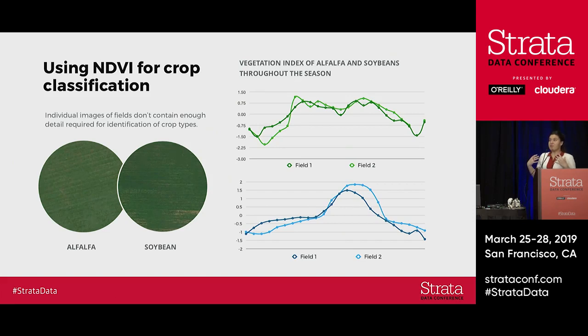By looking at the vegetation pattern, it's possible to tell crop from crop, because grassland like alfalfa usually has a flat plot on the top, and crops like soybean and corn have a visible peak at the top of the vegetation season. By looking at the time series, or part of it, it's possible to classify what crop is growing there, even in the pretty early stages.